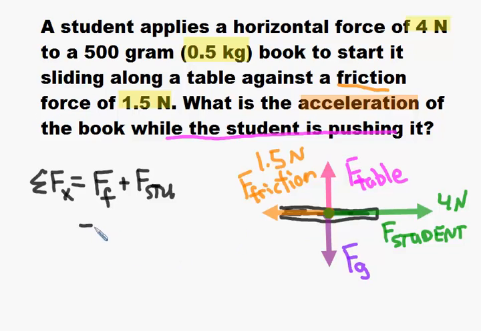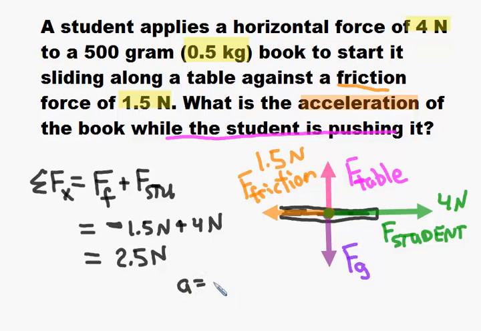And then we're going to add them together, and I get, well, the force of the friction is negative 1.5 newtons, and the force of the student is positive 4 newtons. So I get a net force of 4 minus 1.5, and that equals a positive 2.5 newtons. All right, so that's the net force, but I need to find the acceleration.